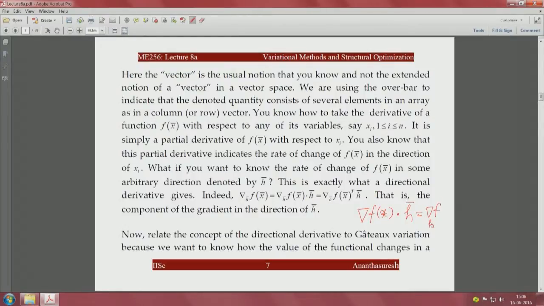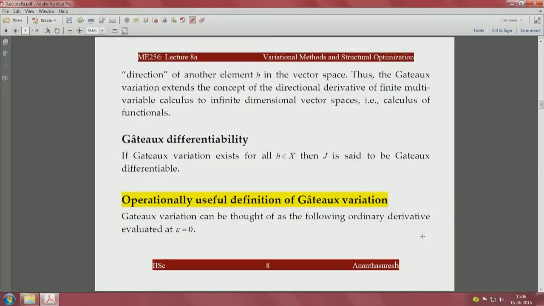So, you take a function and you take its gradient, the dot product with h will give you the directional derivative. That is similar to the Gateaux variation in calculus of variations. That is something to remember. So far we have discussed the equivalent of derivative or gradient in calculus of variations, which is the Gateaux variation.